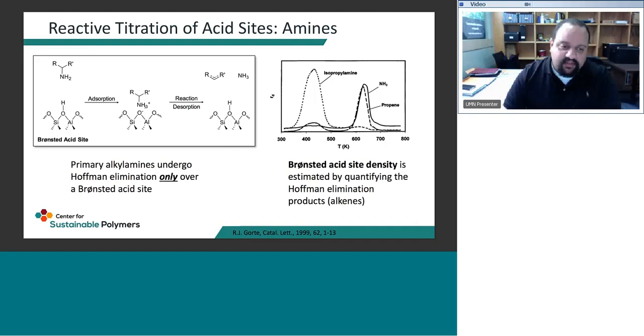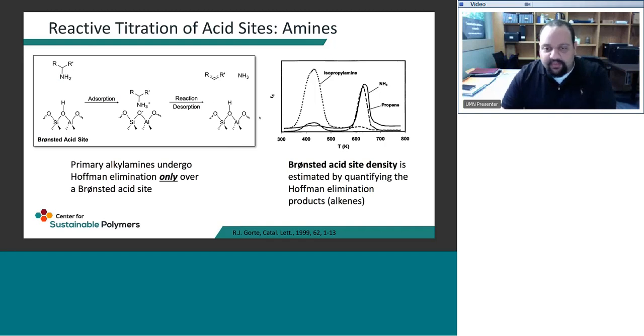What's characteristic of alkylamines reacting on Bronsted acid sites is that they will undergo a Hofmann elimination reaction, and you form an alkene product and an ammonia product. This is an interesting way to characterize solid acids because this reaction will happen exclusively on a Bronsted acid. On a Lewis acid, the alkylamine will adsorb, but it will then desorb intact. So this is, again, another way we can differentiate between the different kinds of active sites.